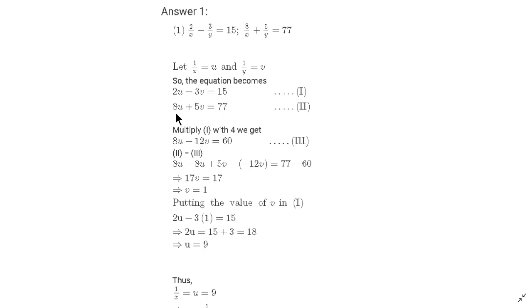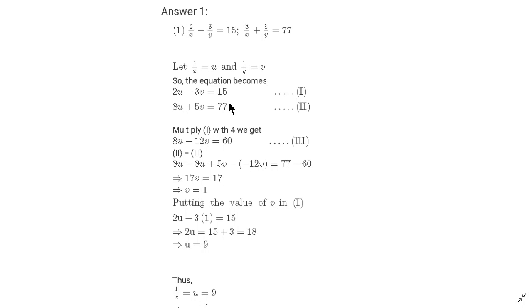Similarly, 8 into u, because 1 upon x is u, plus 5 into v, because 1 upon y is v. You need to understand why we are substituting these variables, because we want to convert these non-linear equations to linear equations. Now we got equations which are linear, which have degree 1 and two variables.